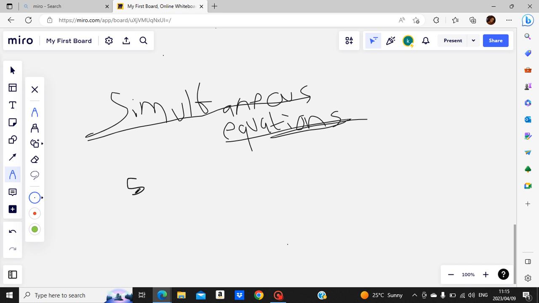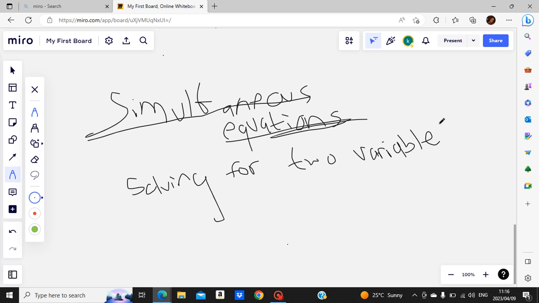It's basically solving for two variables at once. For example, if you are cooking and studying at once, you are doing two things at once. You're completing two tasks at once, right? You are studying and at the same time you are cooking. So simultaneous equations, it's us solving for two variables at once, right?